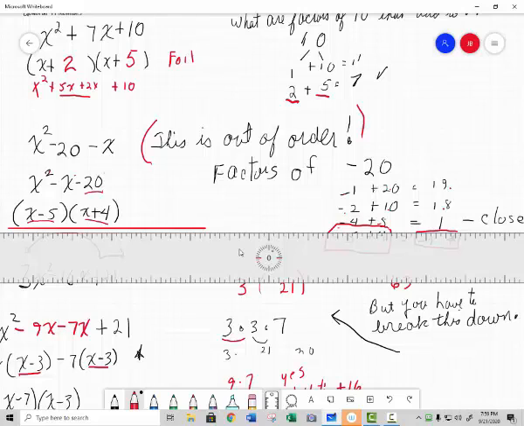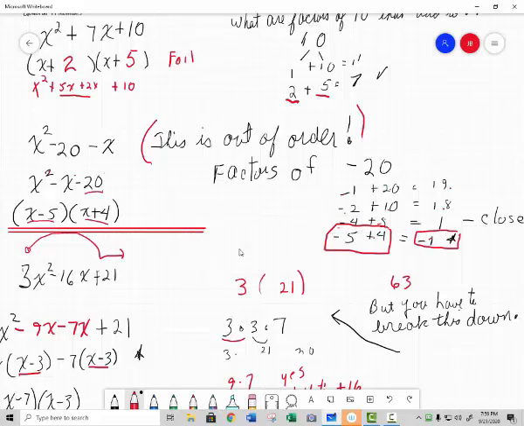Because now my problem is, in all of the previous examples, the coefficient of x squared was always 1. It was 1 here, 1 here. Now what happens if I don't have 1?